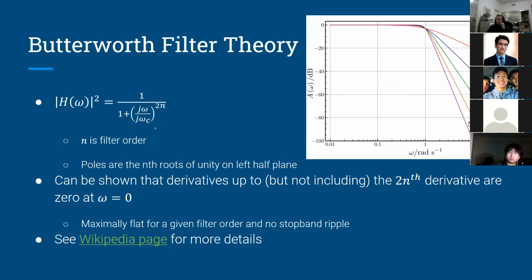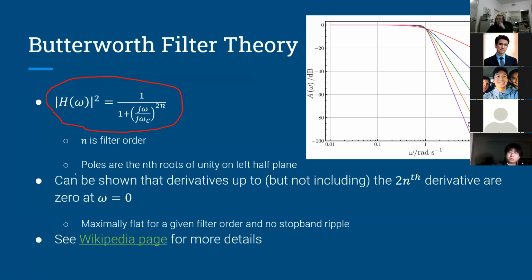The way the Butterworth filter is designed is that the transfer function is defined like this: 1 over 1 plus (j omega over j omega c) to the power of 2n, where omega is just frequency and omega c is the cutoff frequency, the 3 dB point. That's the magnitude squared of the frequency response.